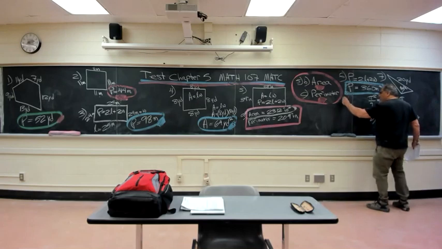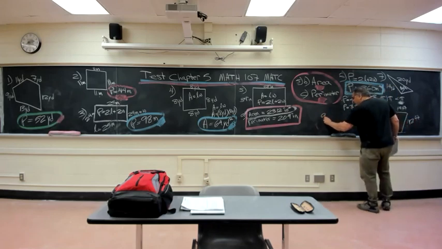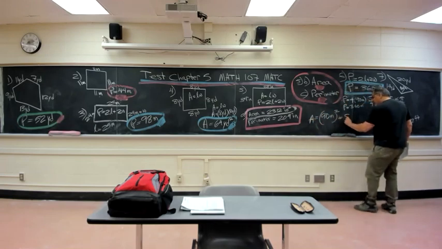The perimeter of a square with each side 90 meters, 4 times 90, would give you the 360. The 90 meters on each side squared would give 8,100 square meters.